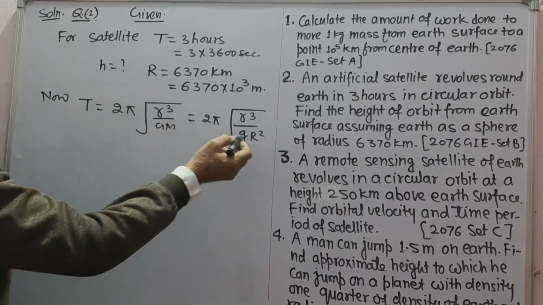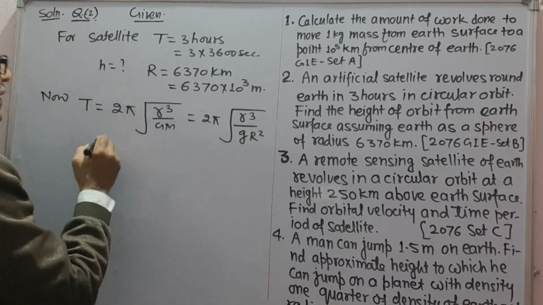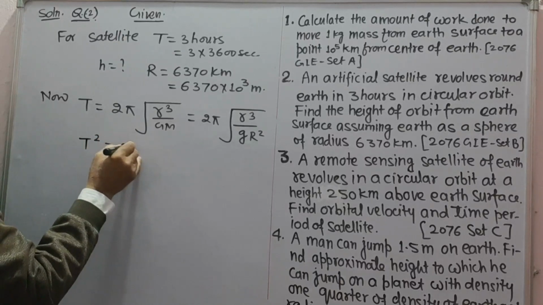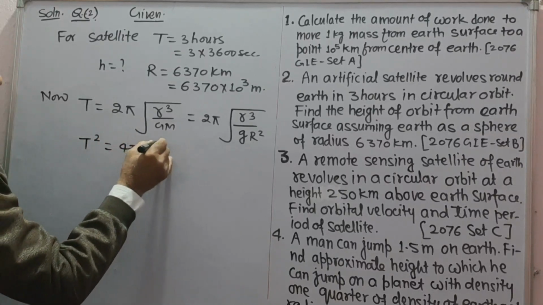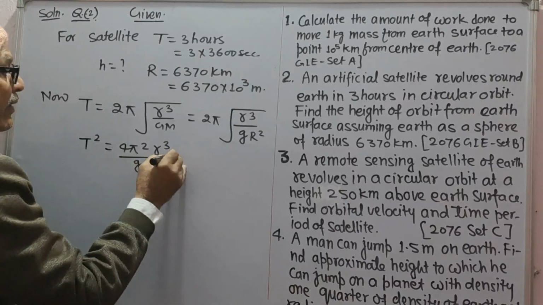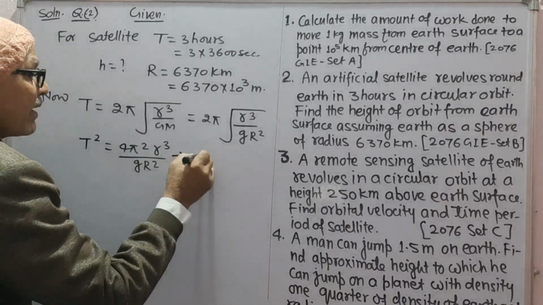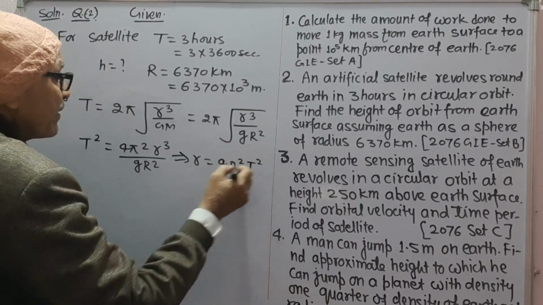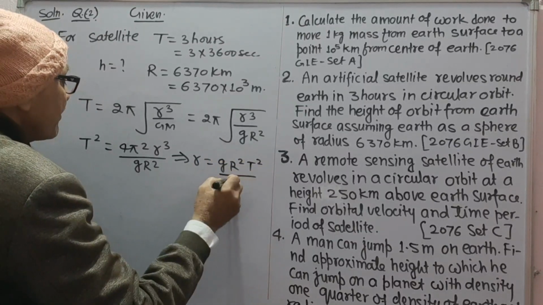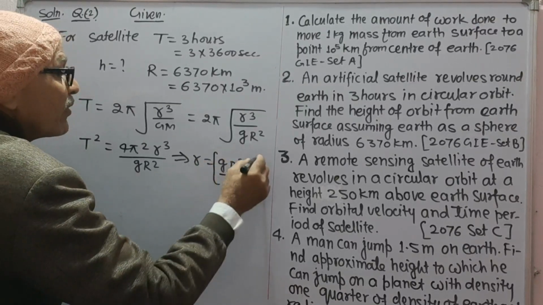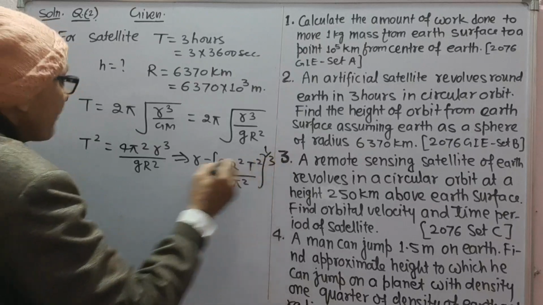Therefore, GM can be replaced with gR square. Squaring both sides, we get T square is equal to 4 pi square r cube upon g R square, which gives r as g R square T square upon 4 pi square whole power 1 by 3.